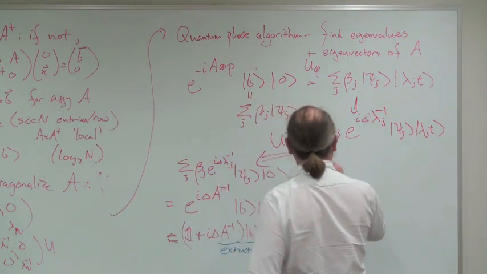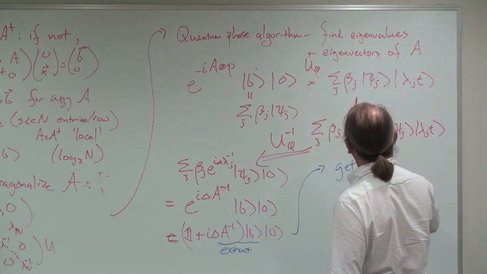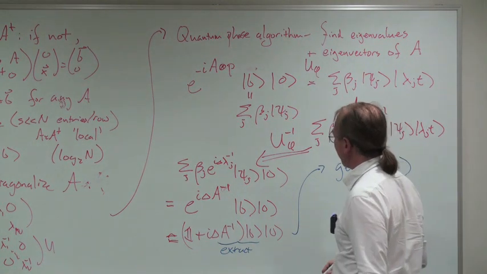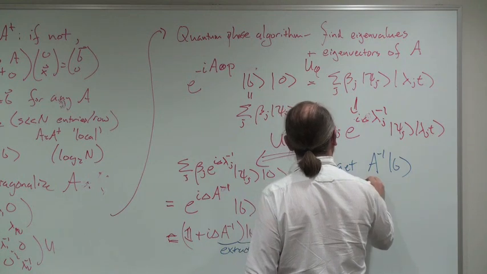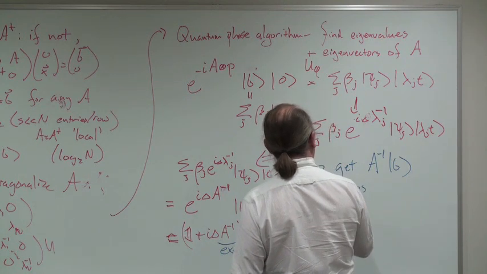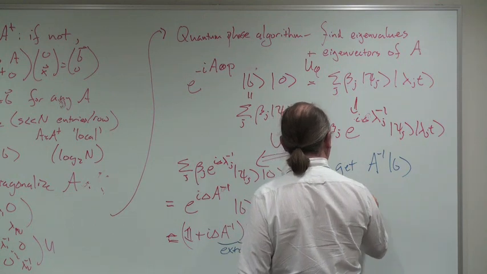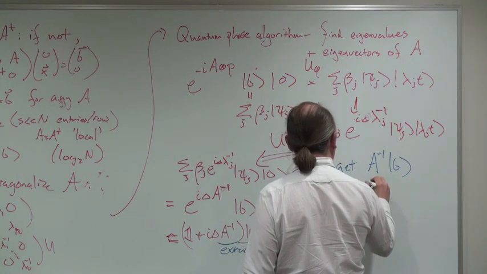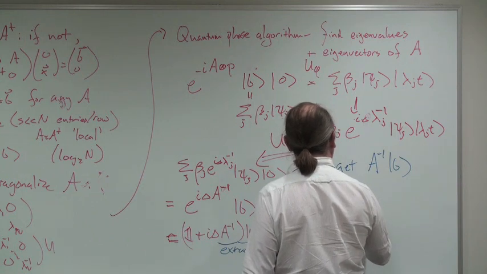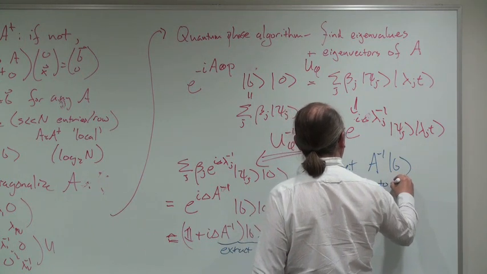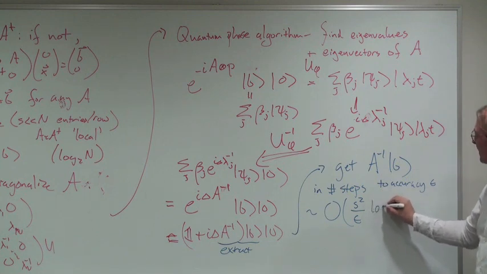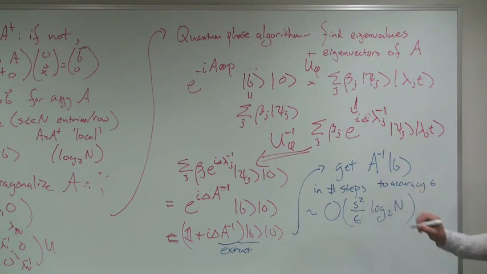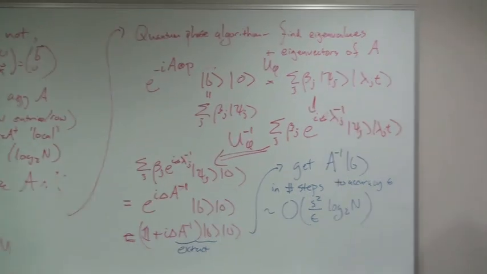And so the net result is we get A inverse acting on B, and the number of steps goes as, let me see if I can get this right, I think it goes as S squared, that's the sparseness, divided by epsilon. So we get it to accuracy epsilon. Excuse me for standing in the way. I know that's bad board technique. In time, order S squared over epsilon log to the base 2 of n.